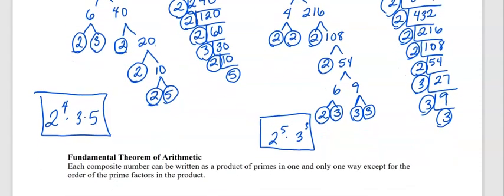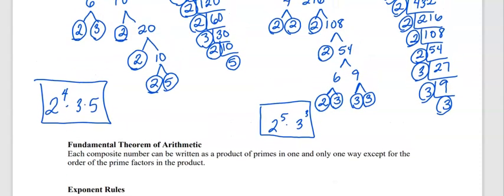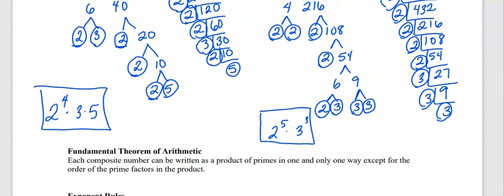Now the next thing we have here is a theorem. It's the fundamental theorem of arithmetic, and it says that each composite number can be written as the product of primes in one and only one way, except for the order of the prime factors in the product. And what this means in plain English is that it doesn't matter how we start. We don't necessarily have to start the factor tree the same way.